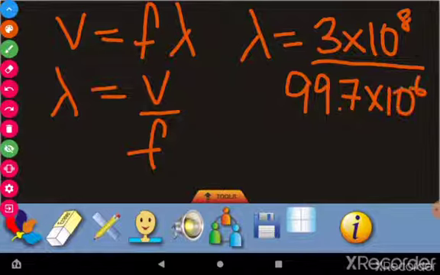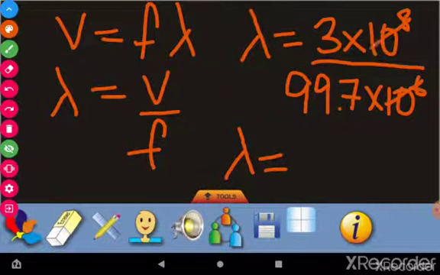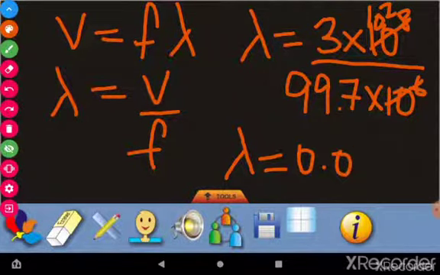And let's divide. Our division, we're going to be left with 10 squared up top. And if we divide 3 by 99.7, we get 0.03 times 10 squared.